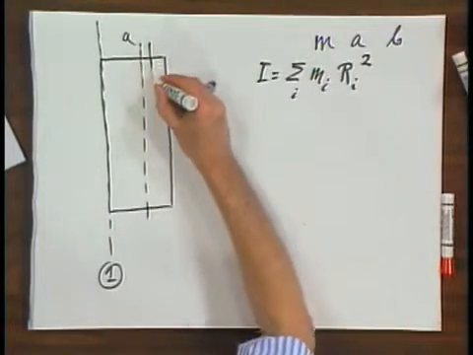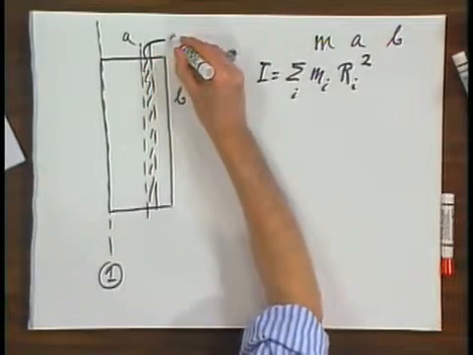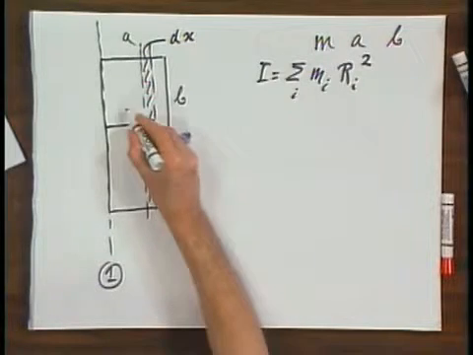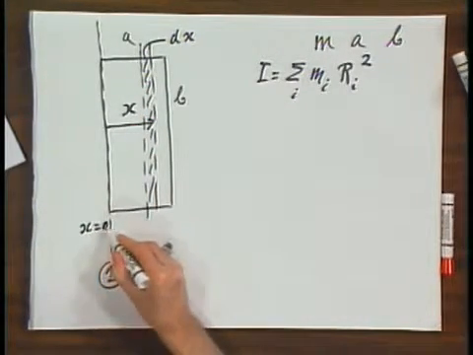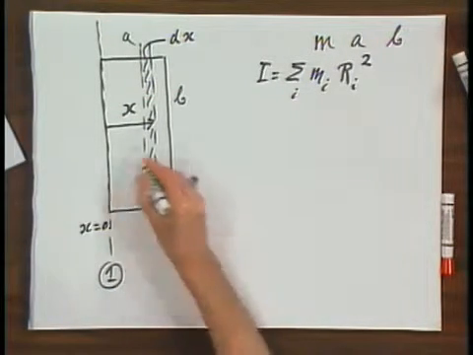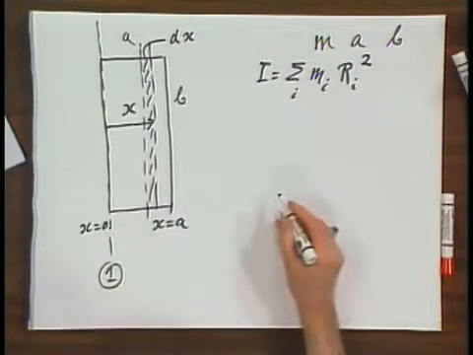I slice out here a ribbon, and the ribbon has width dx, and this distance to the ribbon is x, so x equals 0 here at the rotation axis, and x equals a here at the edge of the rectangular sheet.